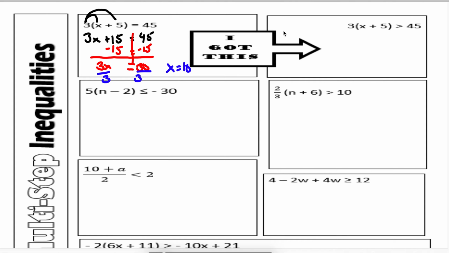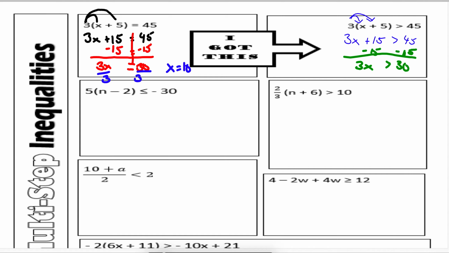Okay? Same thing, distribute the 3 to both the x and the 5. So we get 3 times x plus 3 times positive 5, which is 15, is greater than 45. The same thing we did in the past. All we do is we subtract 15, and we get 3x is greater than 30.